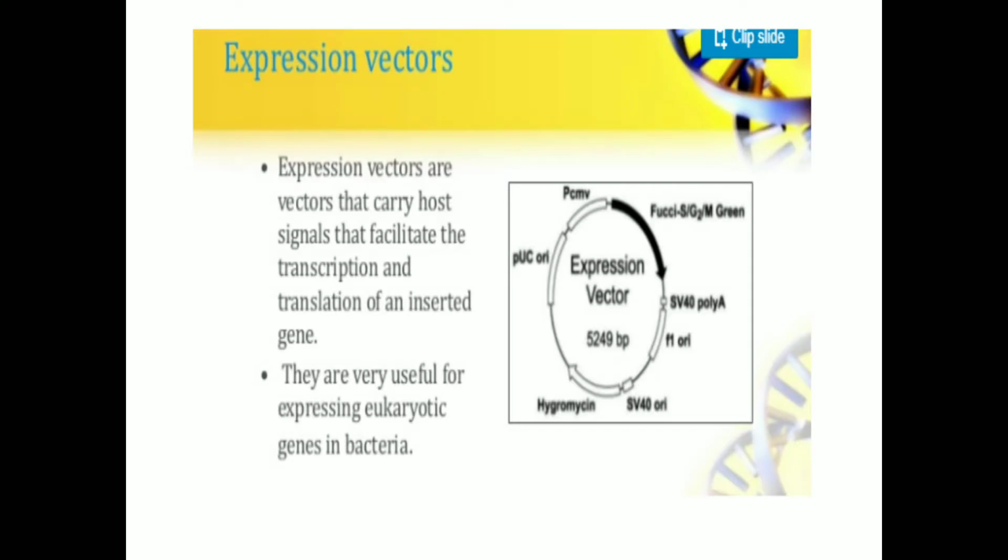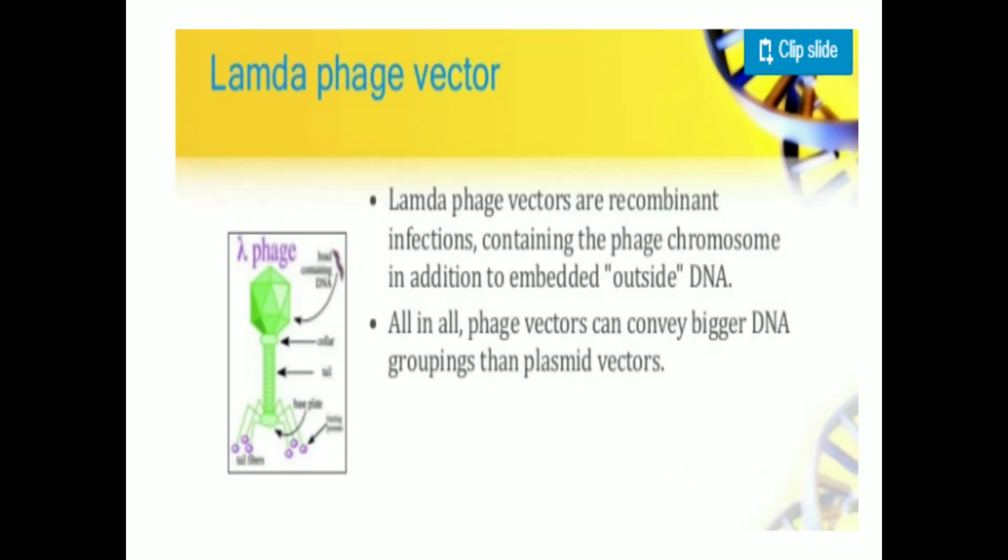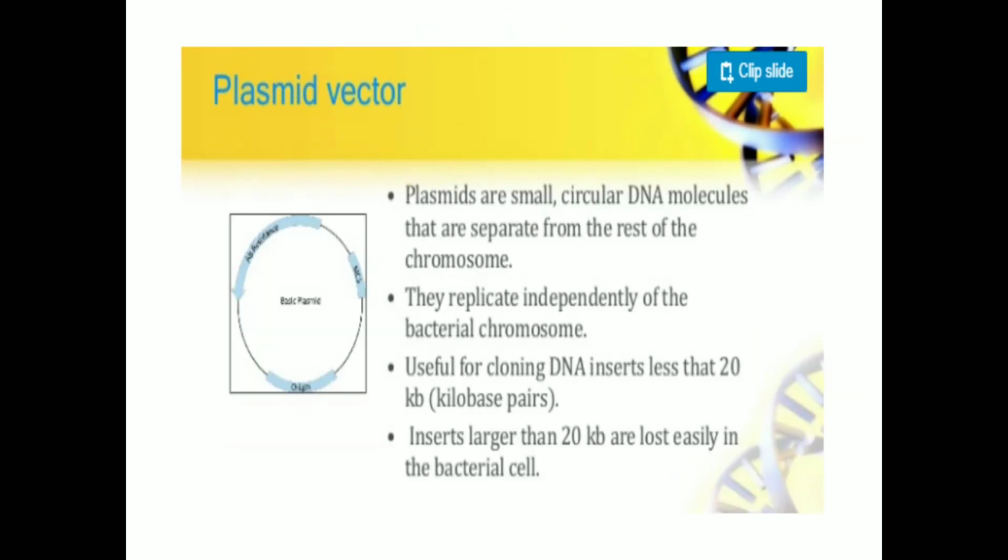Hello everyone, good morning. In the previous lecture we studied what recombinant DNA technology is, and now in this lecture we are going to discuss the different types of vectors used in recombinant DNA technology.